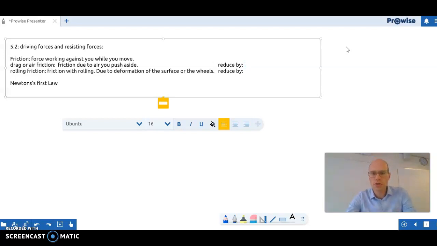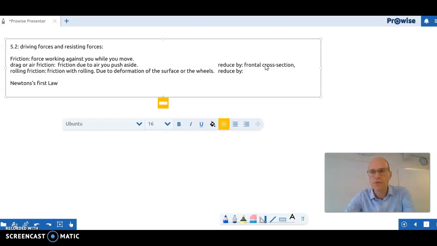That is the frontal cross-section. If the frontal cross-section is reduced, you also have less drag. That's simply what you do when you bend forward over your bar.